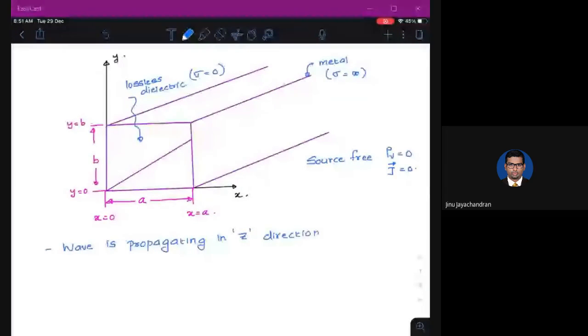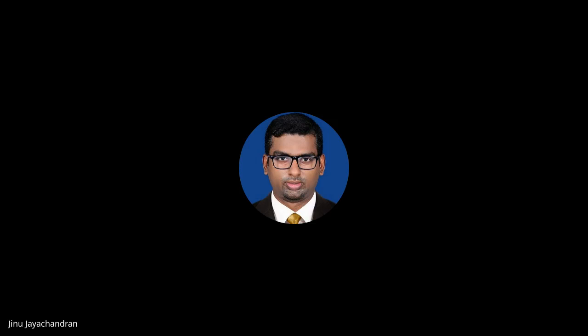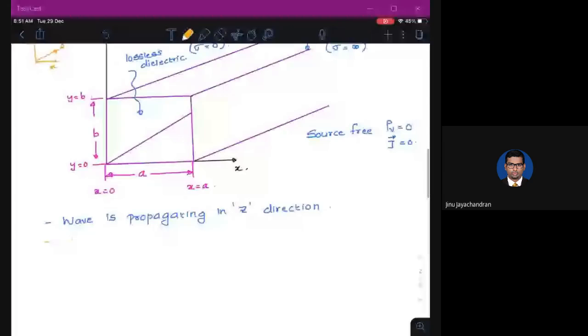Okay, so basically it is like this: X, Y, and Z. So the wave is going into the waveguide. Okay, and let epsilon be the permittivity.